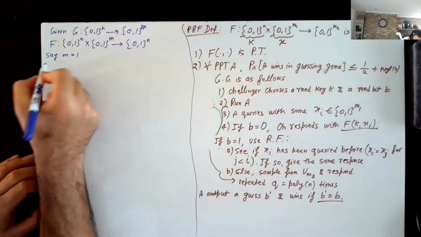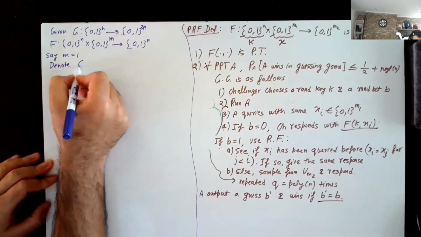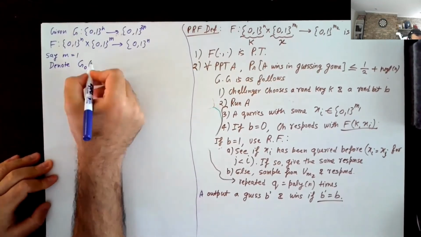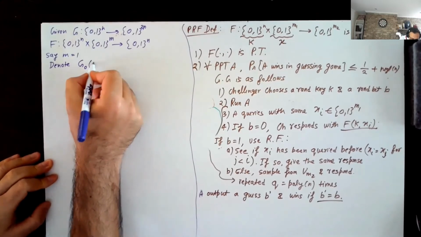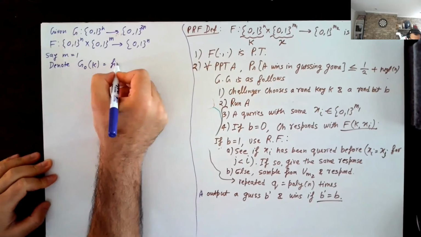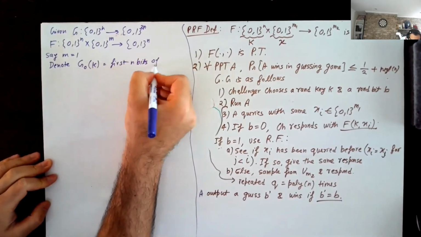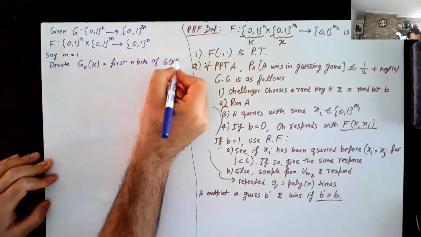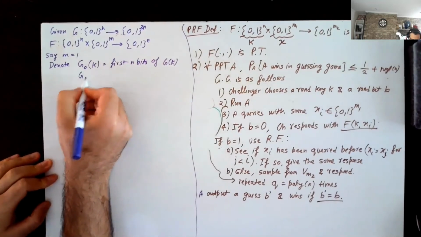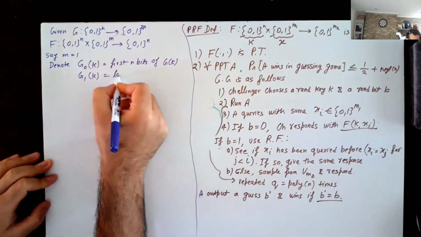Denote G0 of k to be the first n bits of G of k, and G1 of k to be the last n bits.